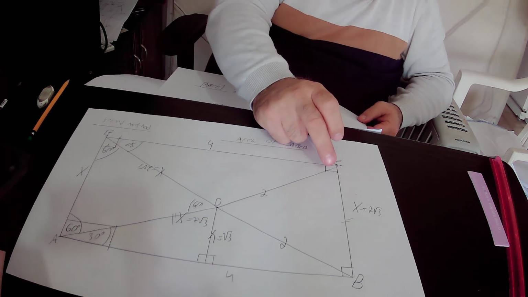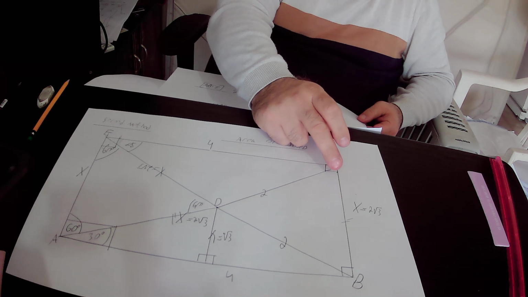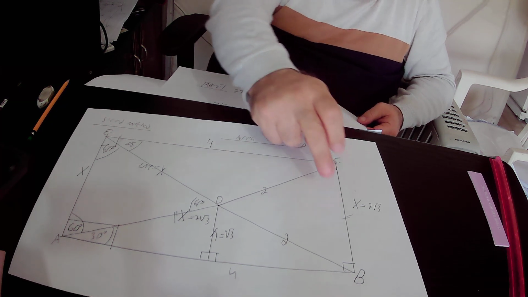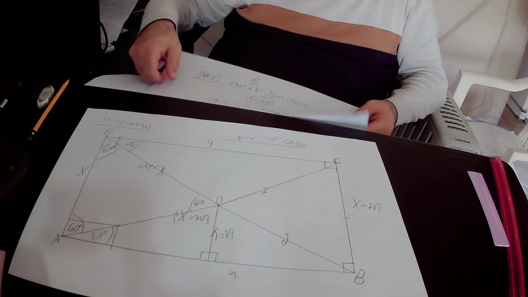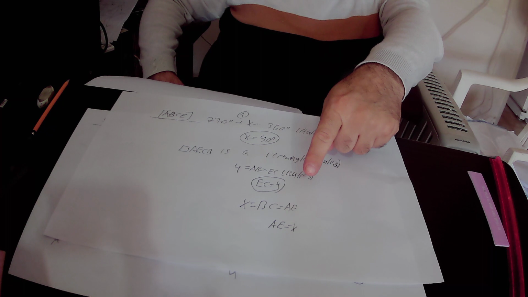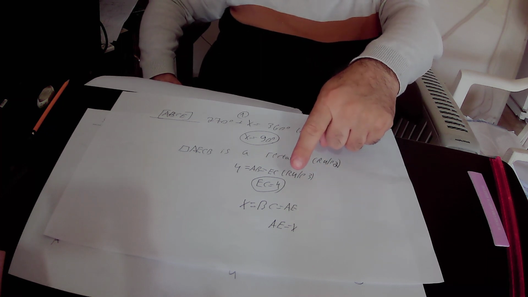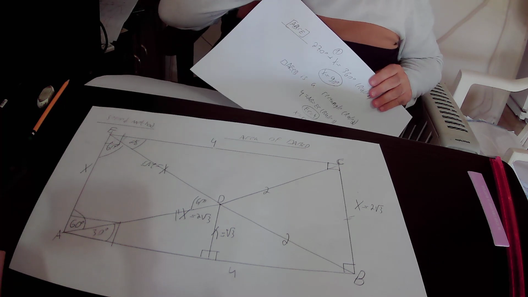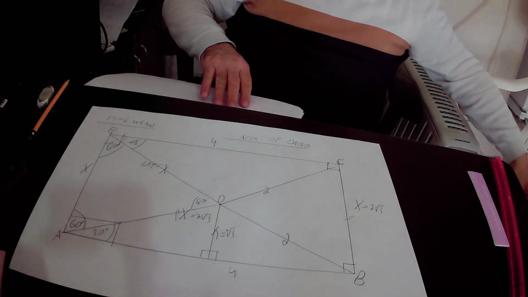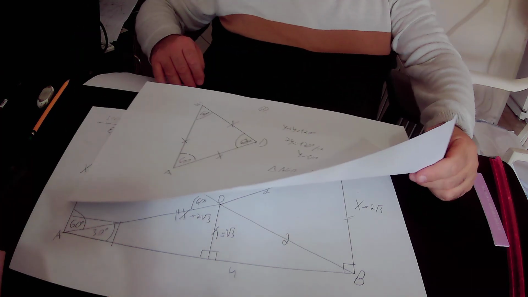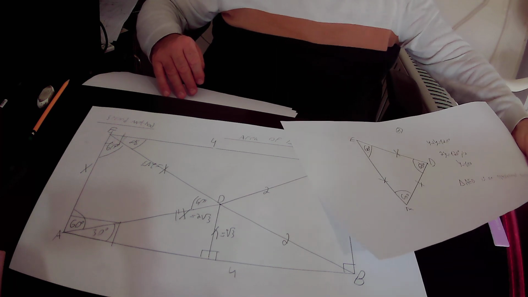We define CB as X, and according to the rule that the opposite sides of a quadrilateral are equal to each other, CB equals AE, and BC is defined as X, so AE will also be equal to X. Then we focus on triangle AED.